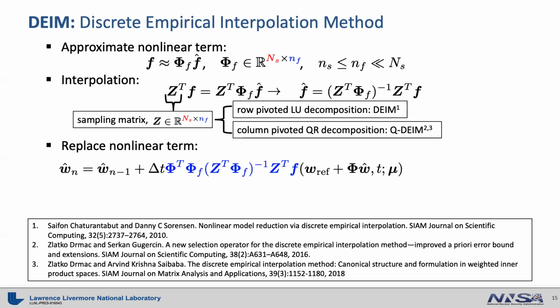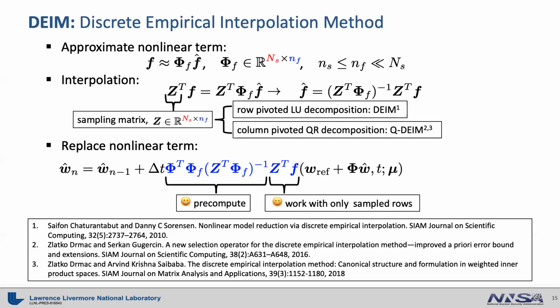Then you will end up with these crazy looking equations, but if you look at them closely enough, most of the terms can be pre-computed. And this nonlinear term can be effectively computed thanks to the sampling matrix Z in front of it, right? I'm sorry about that. Okay, this is how we achieve the efficiency through reduced order models and hyperreduction.